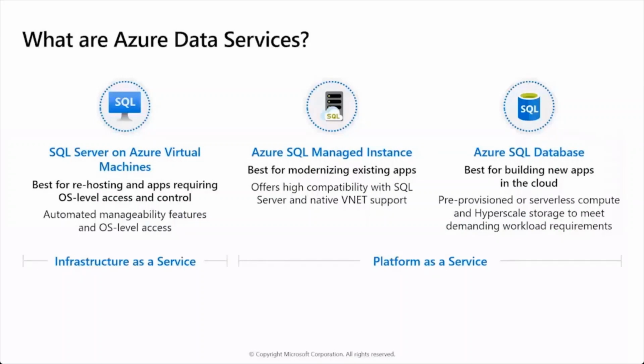Now, before we dive into the Azure Data Services a little bit more, let's just talk about some of the common terminologies that we might be using, as well as the different ways that you can host a relational database in Azure. So, Infrastructure as a Service, or IaaS, generally describes services where Azure enables you to create a virtual infrastructure in the cloud that mirrors the way that an on-premises data center might work.